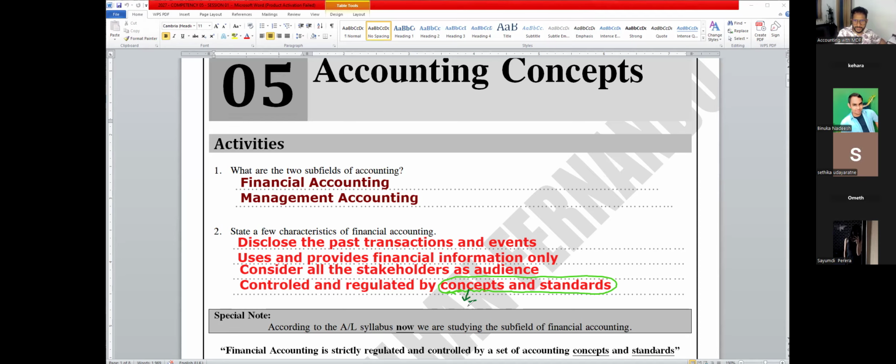We discuss the accounting concepts in the 5th competency. And the standards are also discussed in the A-level syllabus, but that is found in the 11th competency. Competency 5, concepts, and competency 11, accounting standards. Okay. Good. And you have written it.